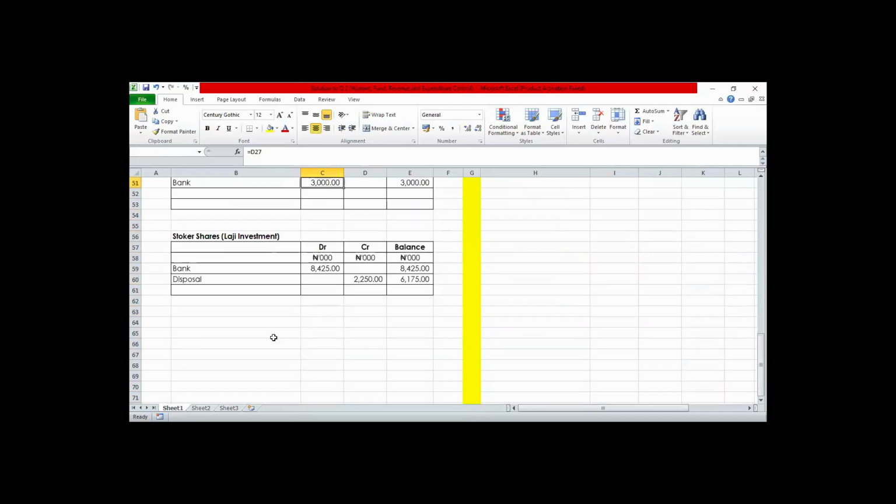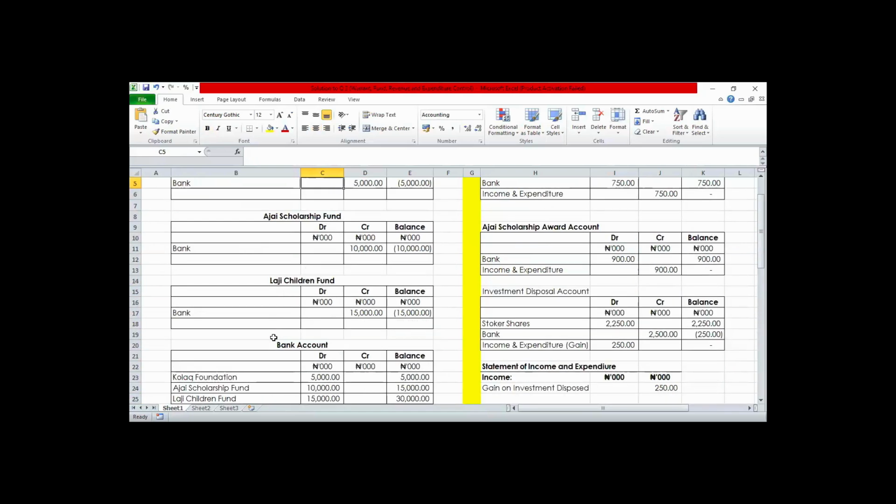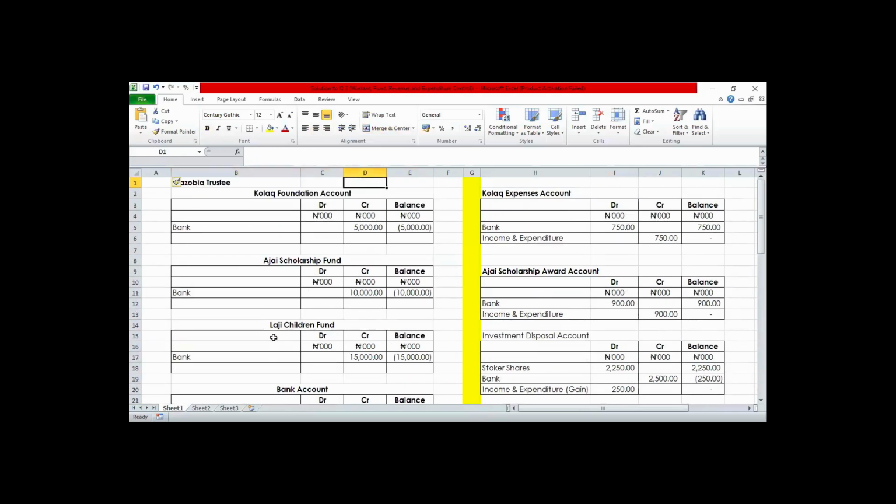Then we also have other information given to us that they said we should work on. We have Kola expenses account. That is, they paid expenses on behalf of Kola. That one is 750,000. Then it is meant to go to the income and expenditure statement, which we have here to close the books of accounts.